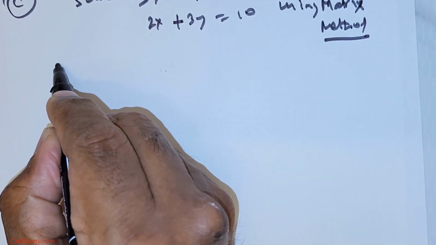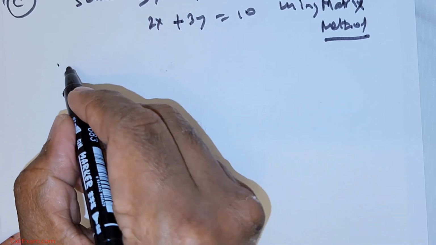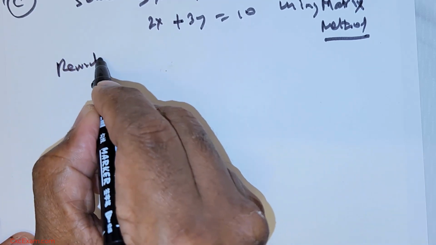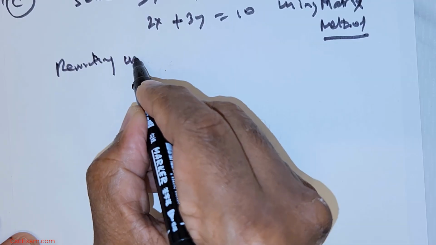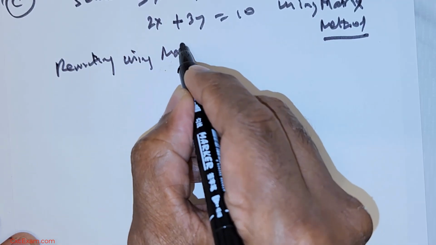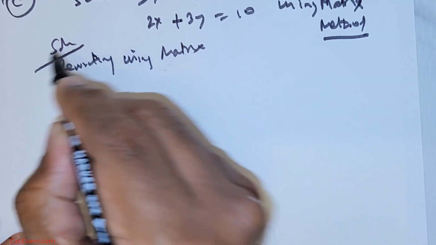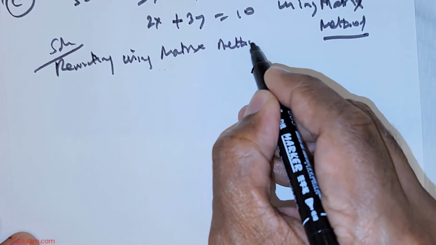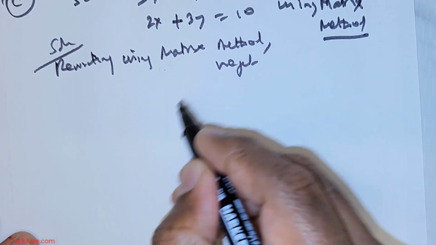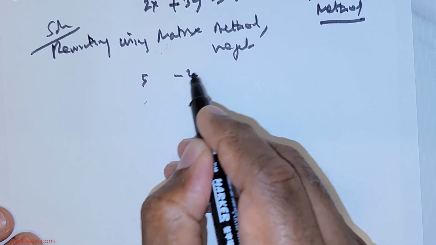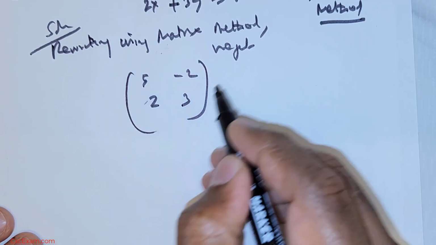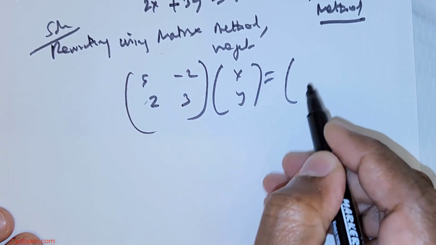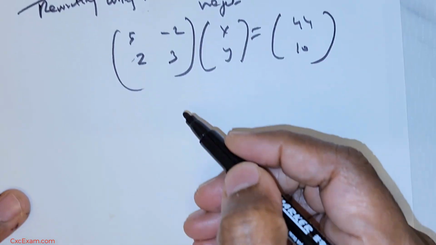So what we are going to do in this case is rewrite using matrix method. At the solution start we get the matrix [5, -2; 2, 3] times the variables x and y equated to 44 and 10.